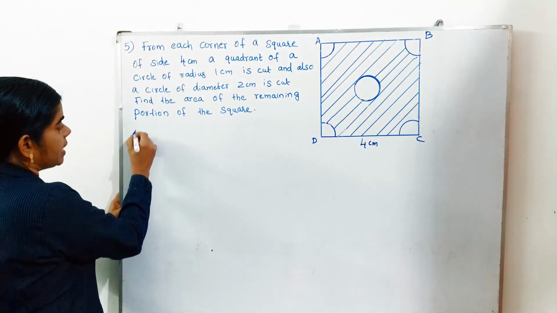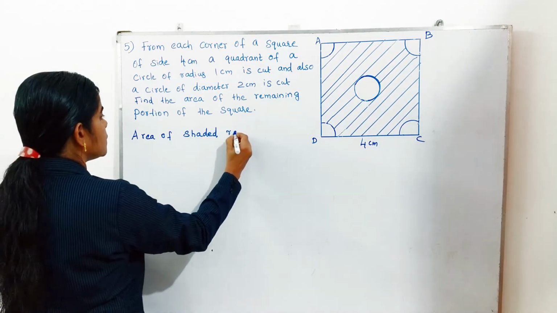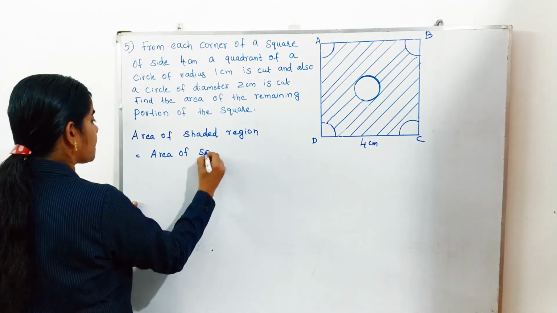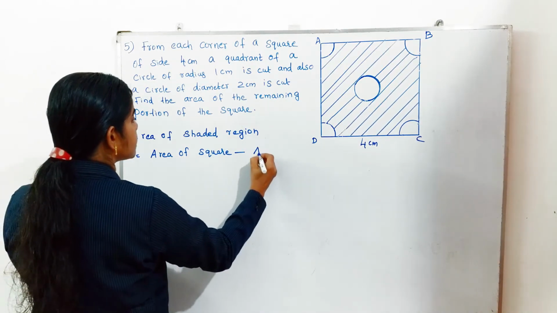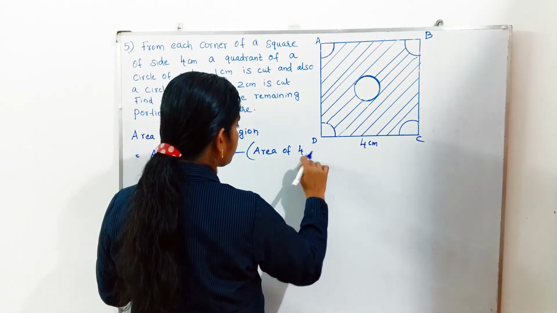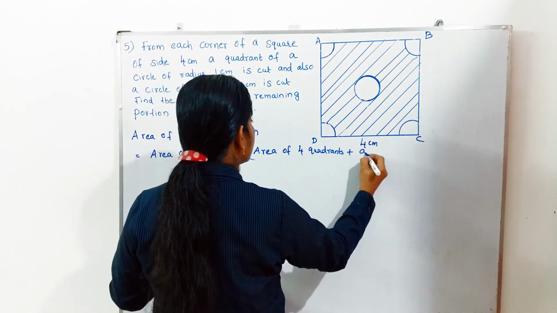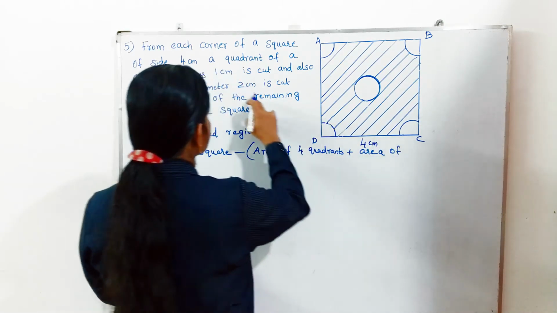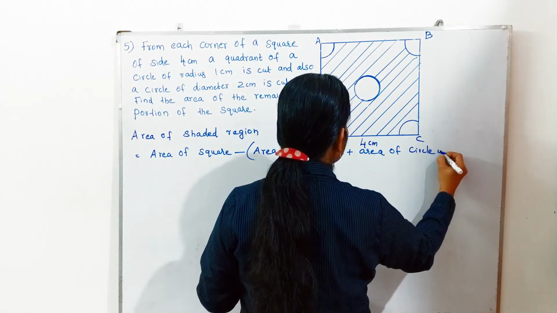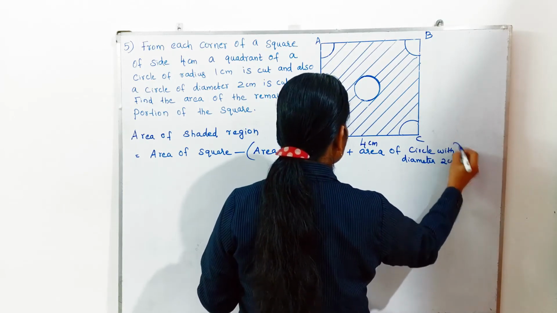So area of shaded region is equal to area of square minus area of 4 quadrants plus area of circle with diameter 2 centimeter.